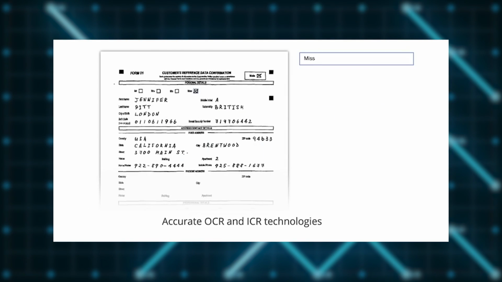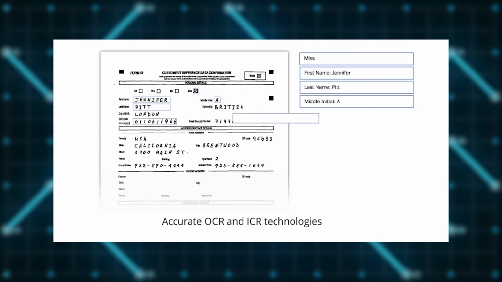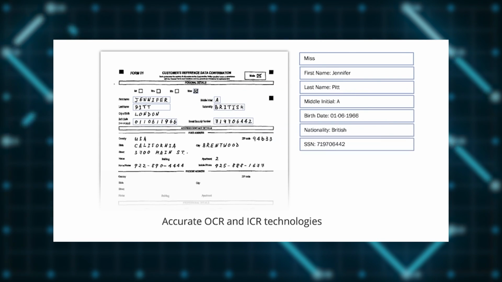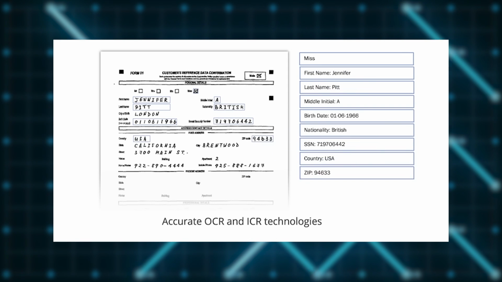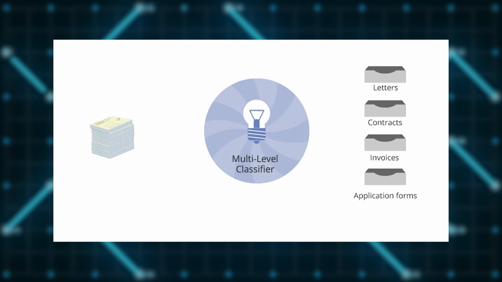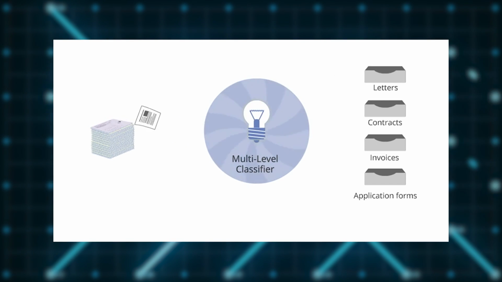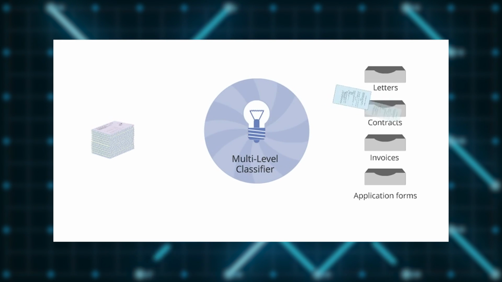Intelligent character recognition involves recognition of handwritten characters, and it also has intelligence to understand words in different fonts and recognize them. We also have a feature of auto classification, which is a part of ICR, where different documents are recognized automatically and classified into document types.